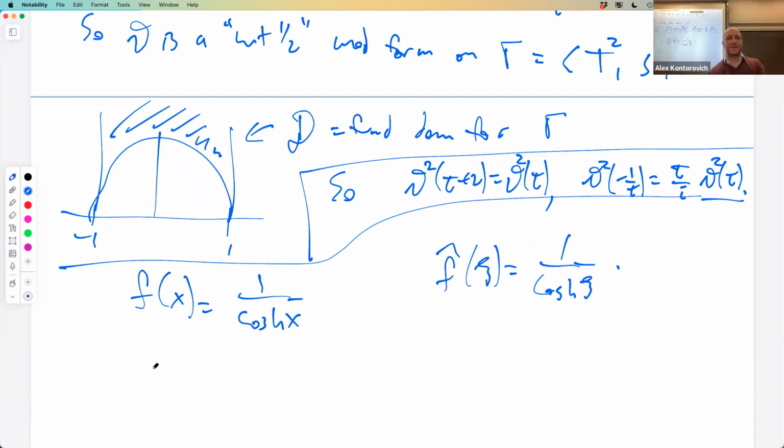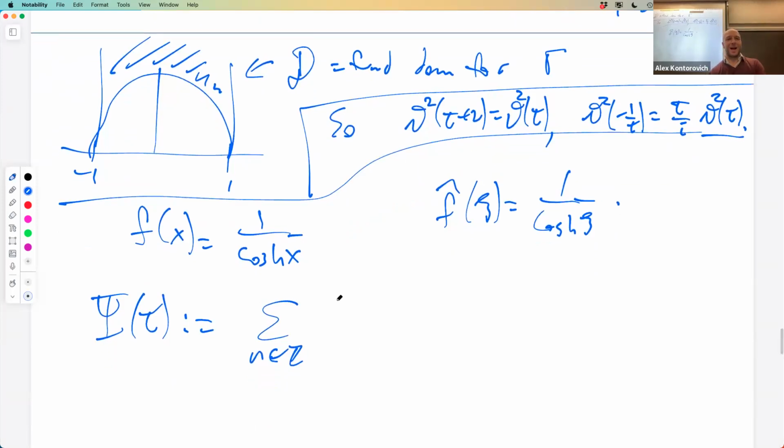What happens if I take, let's call this function instead of theta, I don't know, psi. If I sum over all n in Z, and I'll have the same thing, well, almost the same thing. I want to sum 1 over cosine of pi n tau.